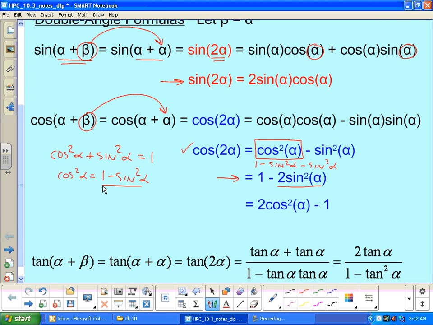If we did the same thing with the Pythagorean identity, but this time solved for sine squared alpha, we get 1 minus cosine squared alpha.